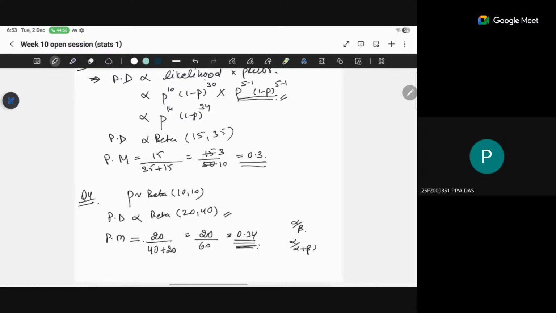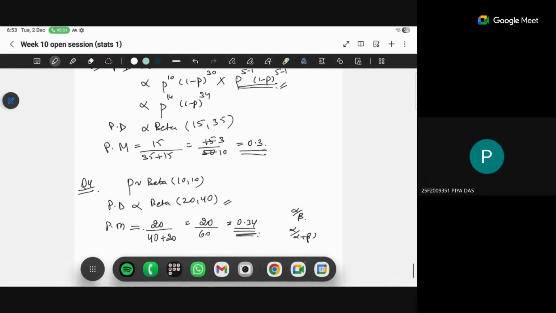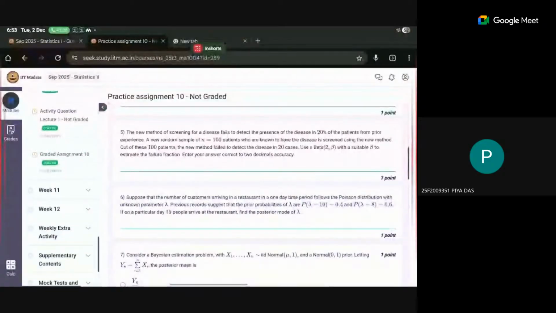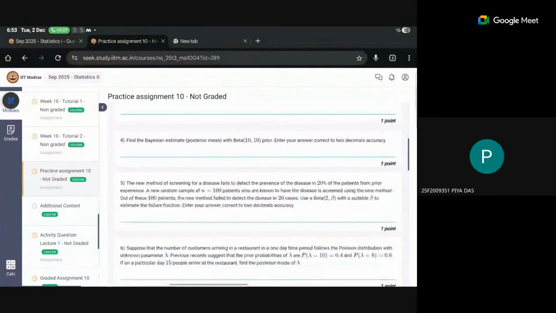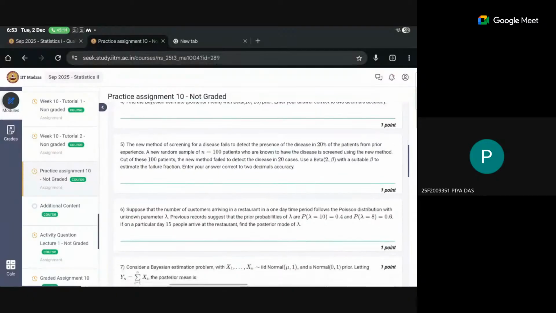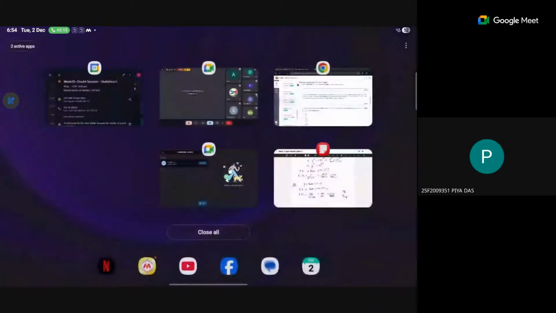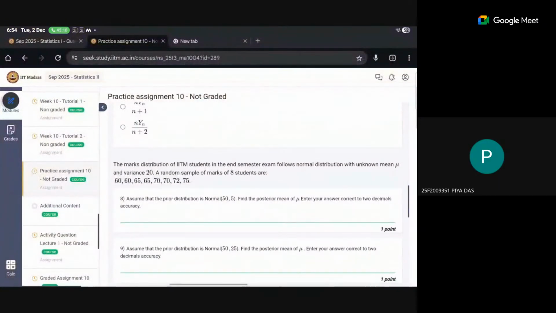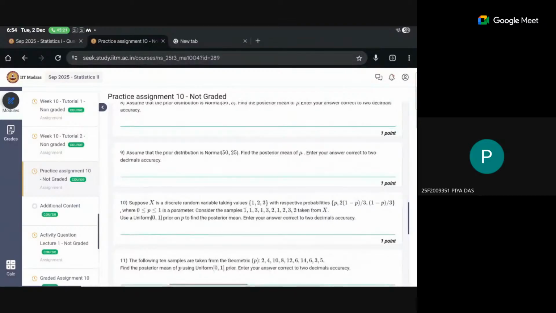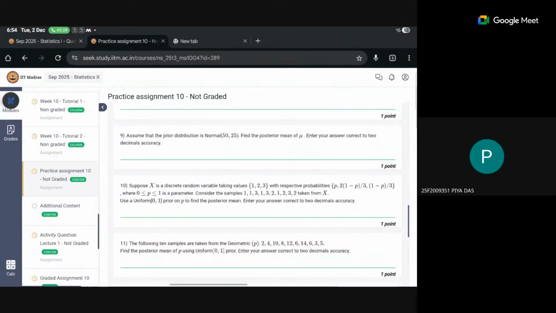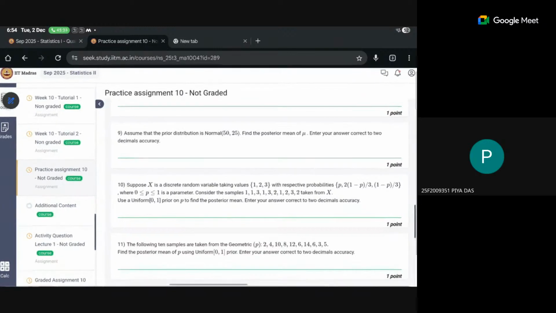Okay. Now, what other question do you have to solve? Question 4 is done. Normal, this is already done. Okay, can you guys solve this question number 10? Can you guys solve this thing?